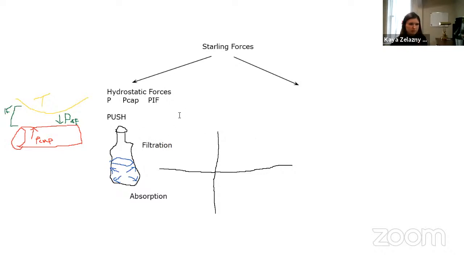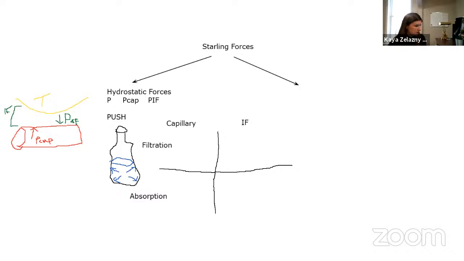And let's separate out these forces by the capillary and the interstitial fluid, just so we have a nice little grid. So in this first column, we'll put our capillary forces. In the second column, we're going to put our interstitial fluid forces. Okay.